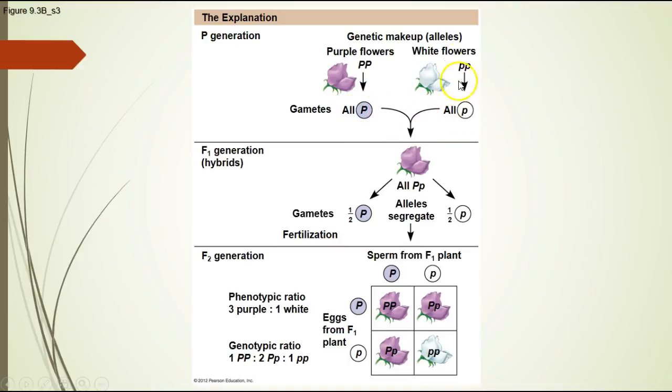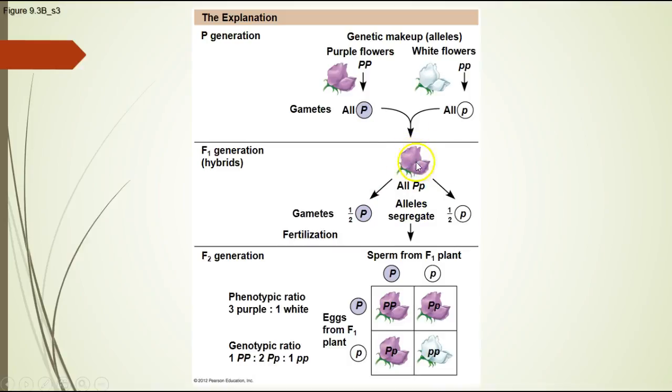Every gamete of the white flowered plant would all have the lowercase p, or the white flowered allele. When those two gametes combined to make the F1 generation, then all of the plants in that generation would have a big P for purple and a lowercase p for the white. But they look purple because the purple masks or covers up the white. The purple is expressed, the white is not.